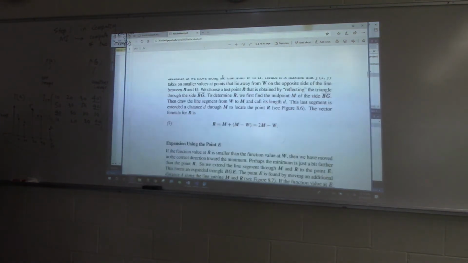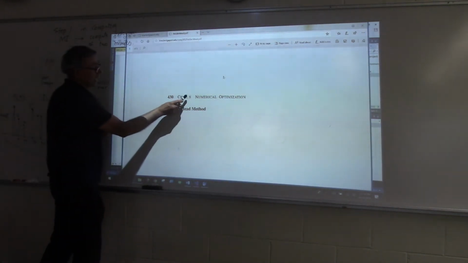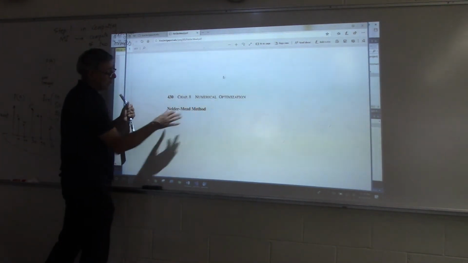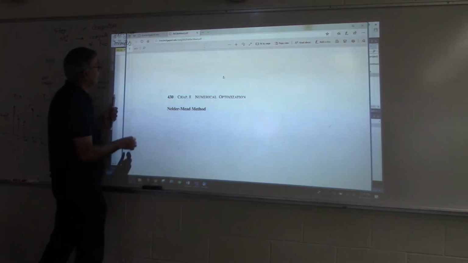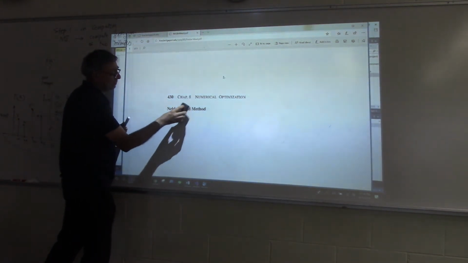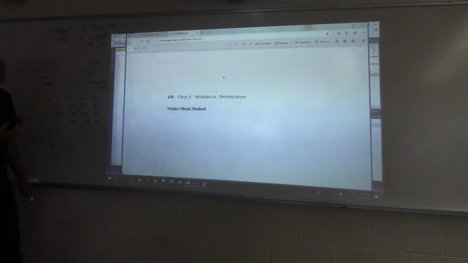Okay, so I have two handouts just in case later on you wanted to understand this algorithm better. One was the copy of a chapter on numerical optimization called Nelder-Mead. So it does a good explanation of it, but in my opinion, the final algorithm they present is not in a good algorithmic form.